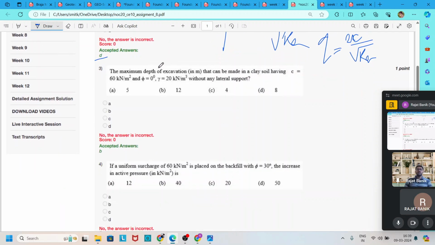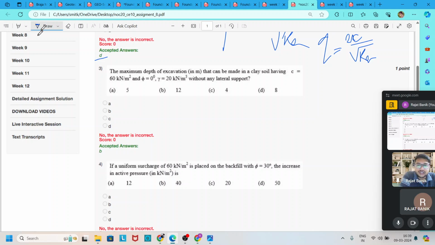So in question number 3, it is asked: what is the maximum depth of excavation, in meters, that can be made in a clay soil having C equal to 60 kilonewton per meter square, phi equal to 0 degrees, and gamma equal to 20 kilonewton per meter cube, without any lateral support?